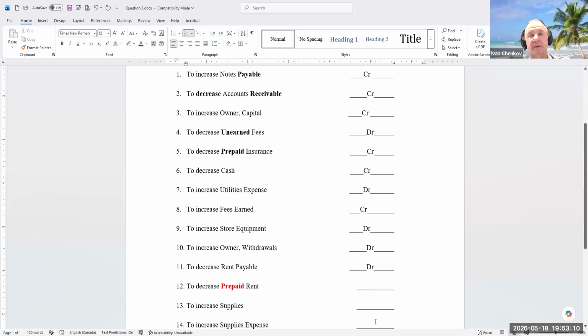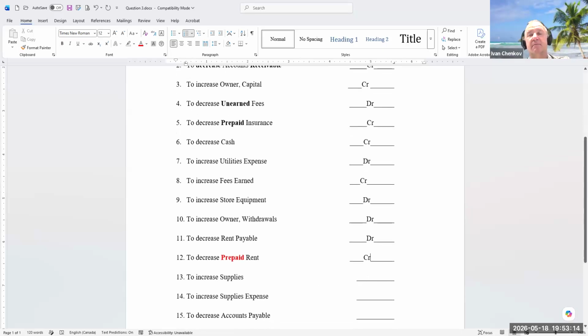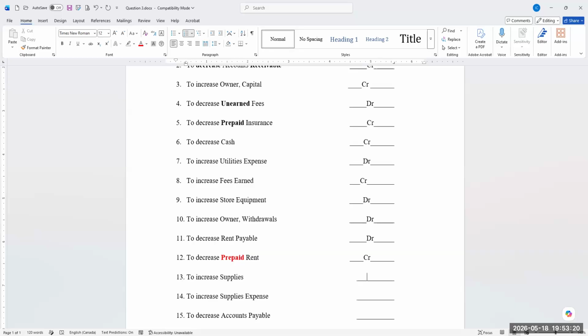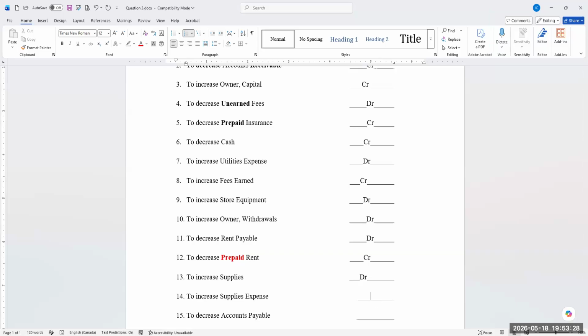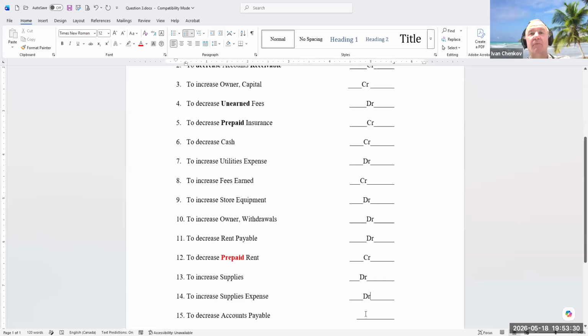If I decrease the asset, that has to be credit, yes. Supplies. I want to increase the supplies. Debit. Supplies expenses. I want to increase them. Debit. And I want to decrease accounts payable.